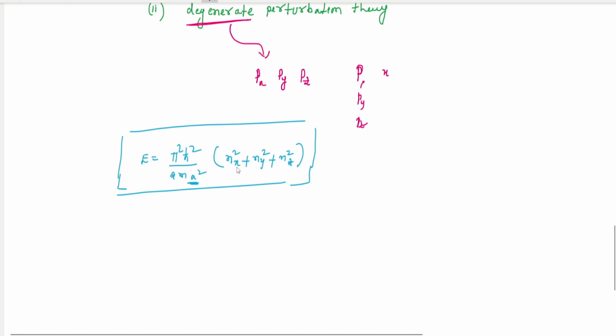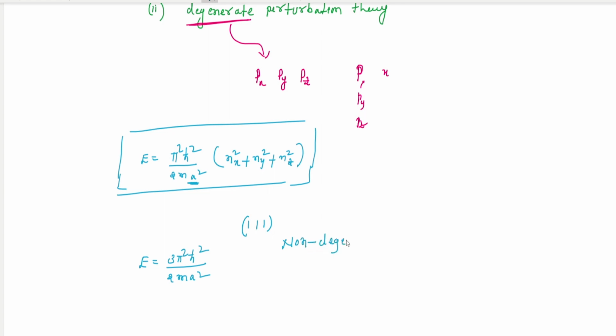If you put the first state, the 1, 1, 1 state, which means nx equal to 1, ny equal to 1, nz equal to 1, then we get E equal to 3 pi square h cross square divided by 2m a square. So this is a non-degenerate state.